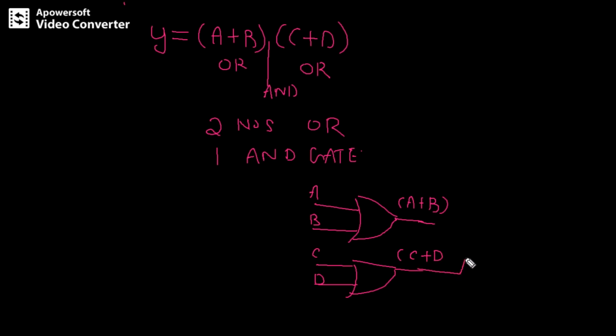So I will connect these outputs to one AND gate. Now what is the output of this AND gate? Y is equal to (A plus B) into (C plus D). This is the final output of our circuit diagram.